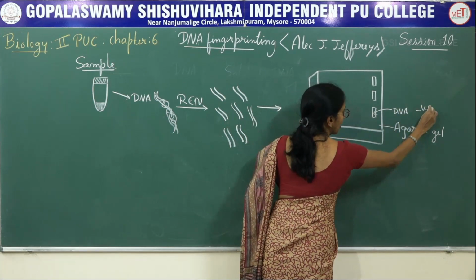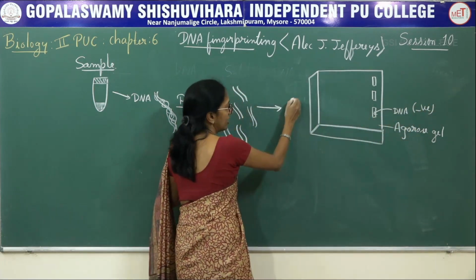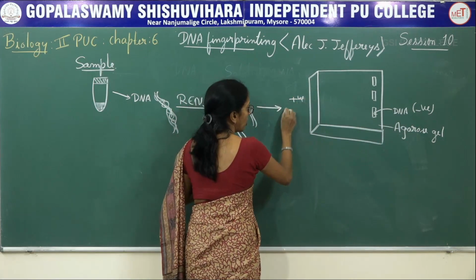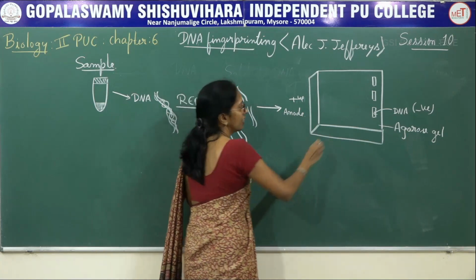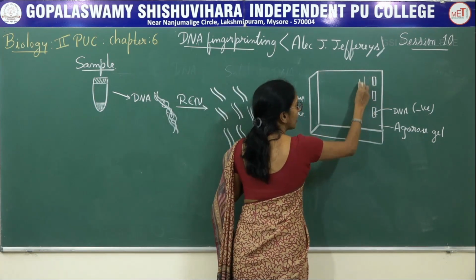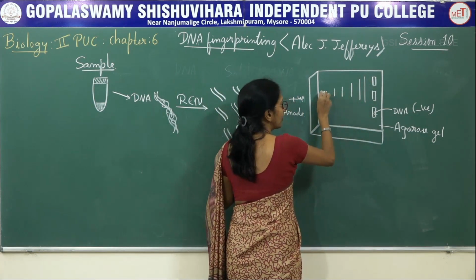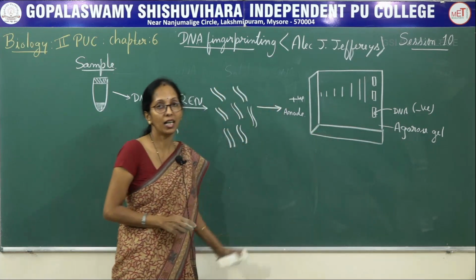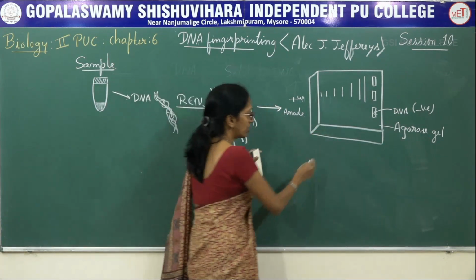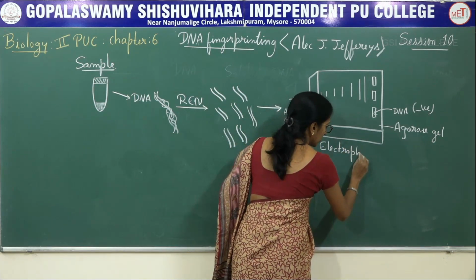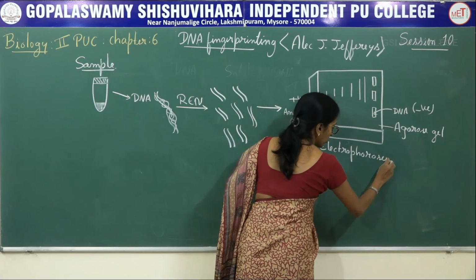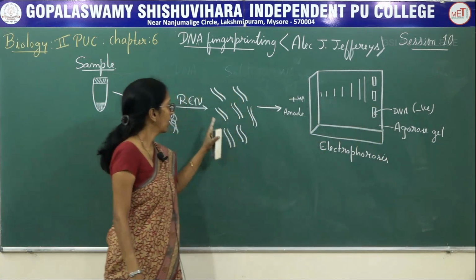And this is negatively charged, and here this is the positively charged anode. So now there will be a separation of DNA fragments according to their length, and this process is said to be electrophoresis.